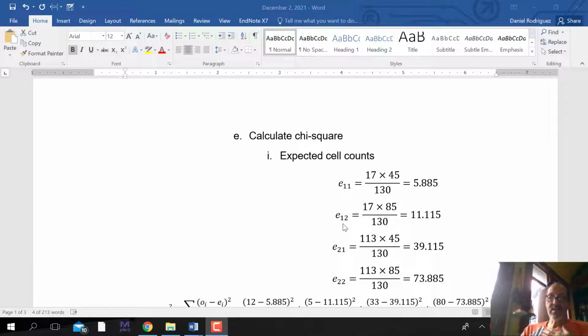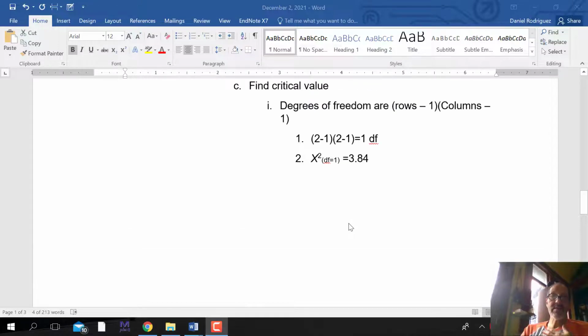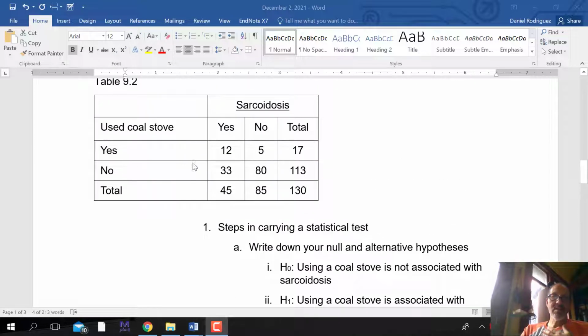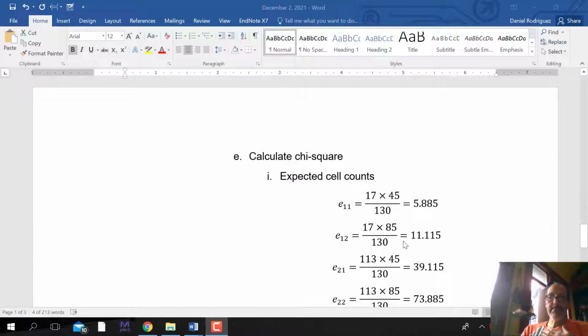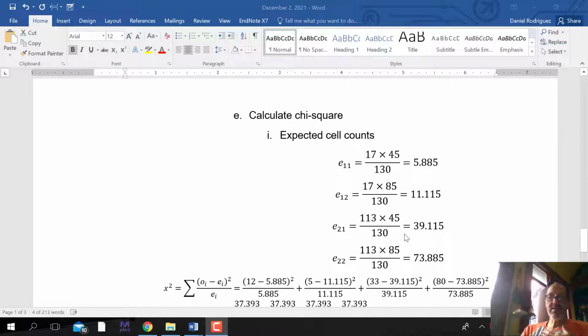Let's look at cell E12, or the expected value of cell 1,2. That's row 1, column 2, the one that has 5 in it. We have the same row total, 17, but now the column total is 85. So we have 17 times 85 divided by 130, and we get 11.15.